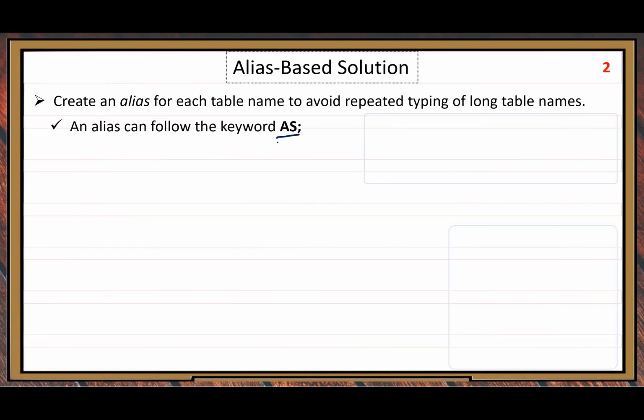So people may like to put this as to make it more readable. Okay. Yeah, but when people get used to the general way, some users may like to omit the as keyword. Yeah. All right. Or it can directly follow the relation name.